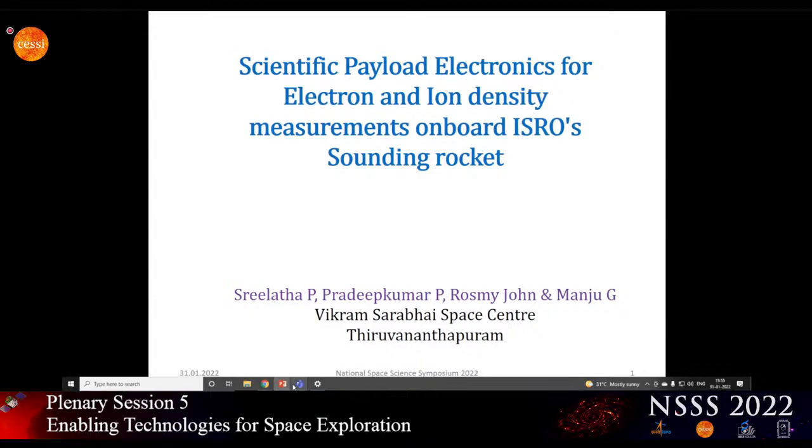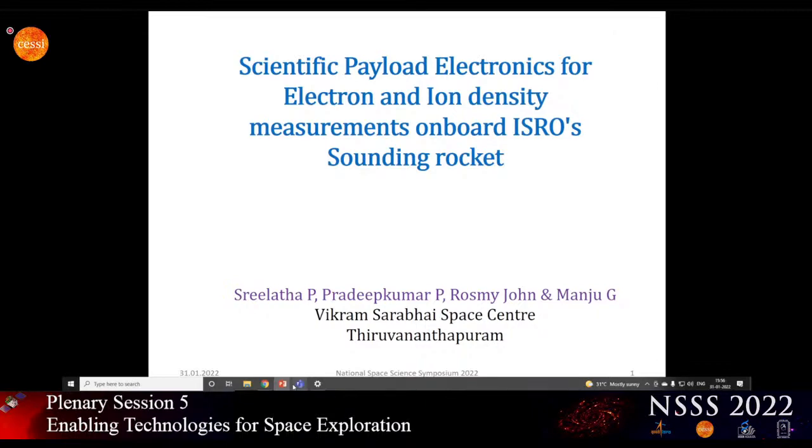We have all been hearing about the sounding rockets of ISRO. I'll just touch upon how we have developed some of the scientific payloads and payload electronics for the measurement of electron and ion density, using the ISRO sounding rocket.